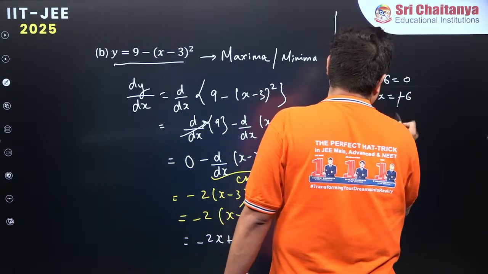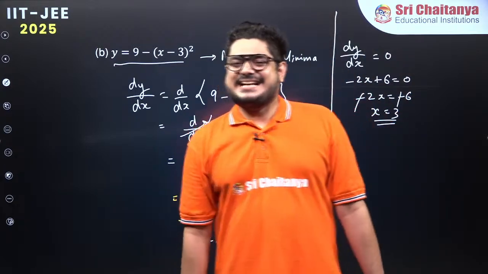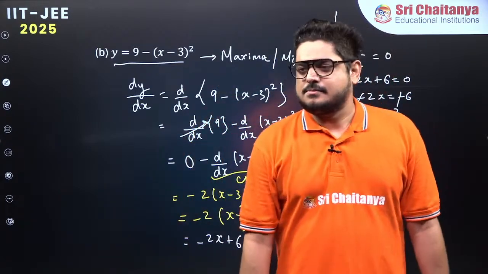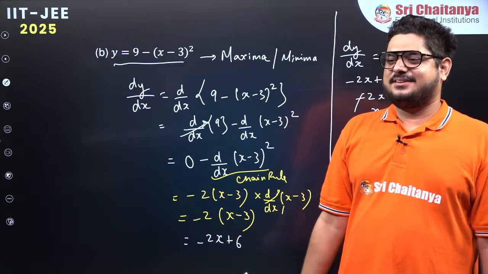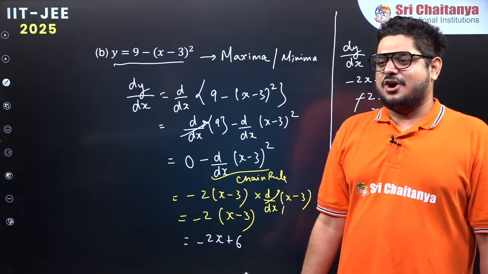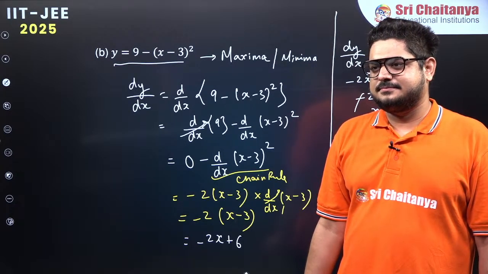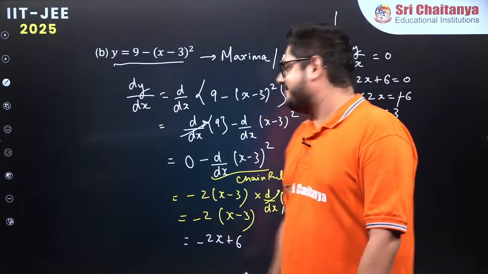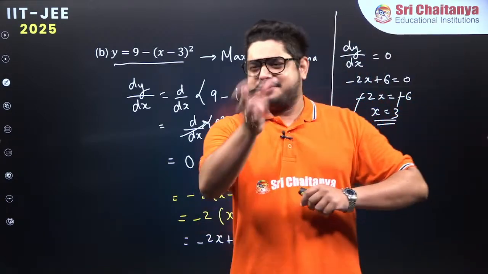Minus 6, minus minus gets cancelled out, x will be 3. Are you getting x as 3 or not, everyone? Solve the value of x. Okay, great. x is coming out to be 3. It's a linear equation in one variable.